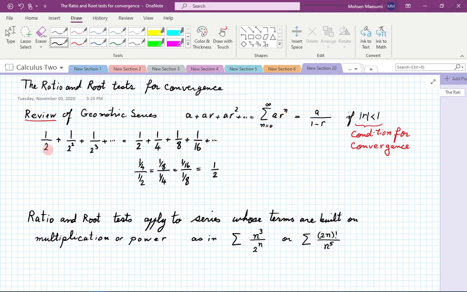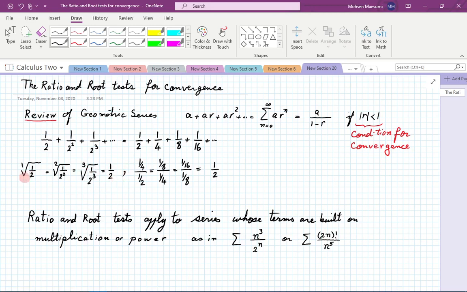Of course, if I take the first root of 1/2, or if I take the square root of 1/2 squared, or if I take the cube root of 1/2 cubed, in all of these cases I get the same factor 1/2.